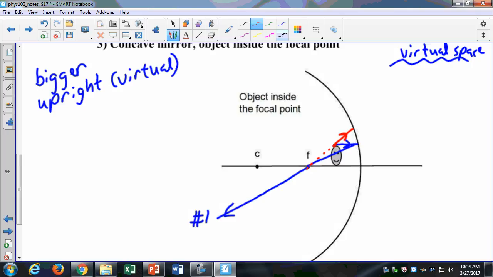So I imagine that my ray is originating at the focal point, comes up to the top of the object, and then it goes on to the mirror. Through the focal point, and what? Parallel to the axis. This is like the reverse of number 1. Now right away I can tell that these rays on this side are divergent. So I get divergent rays on this side.